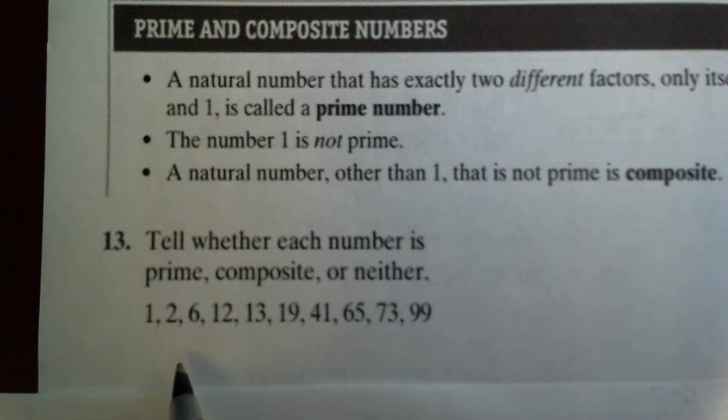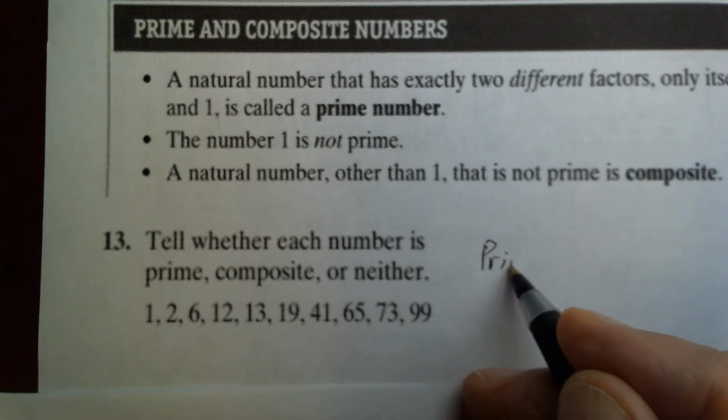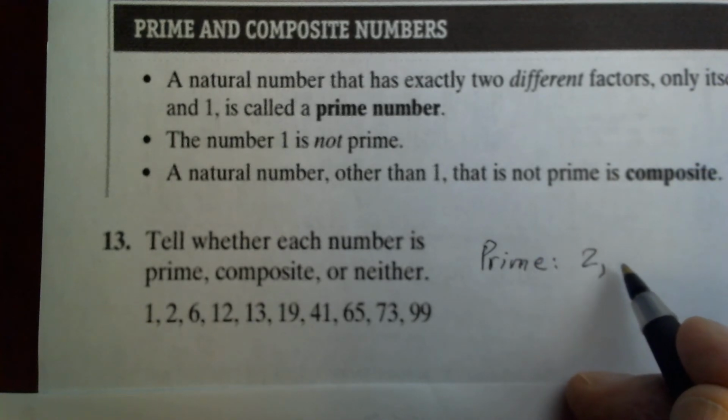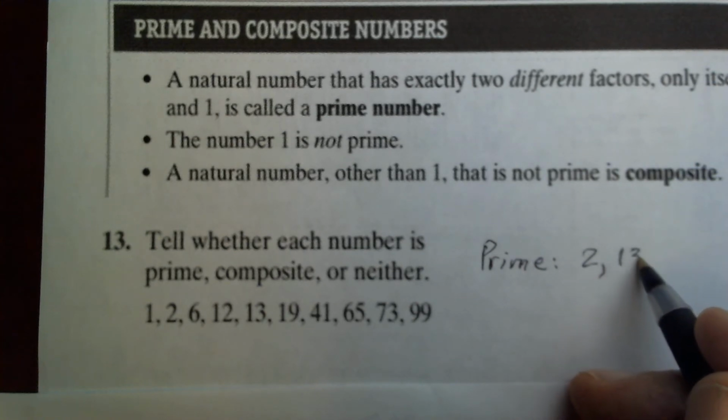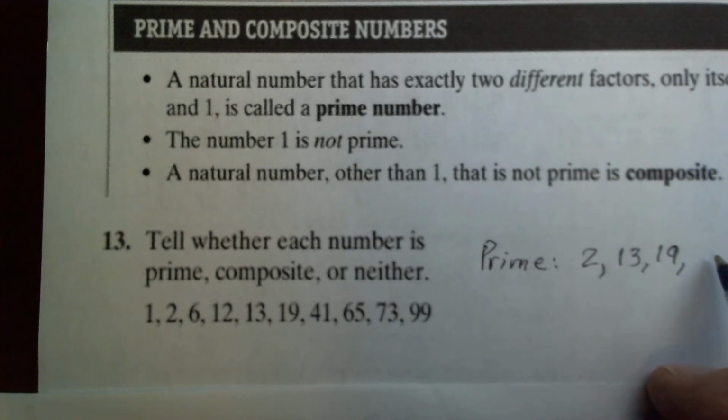The numbers that are prime are 2, 13, 19, 41, and 73. So the prime numbers are 2, 13, 19, 41, and 73.